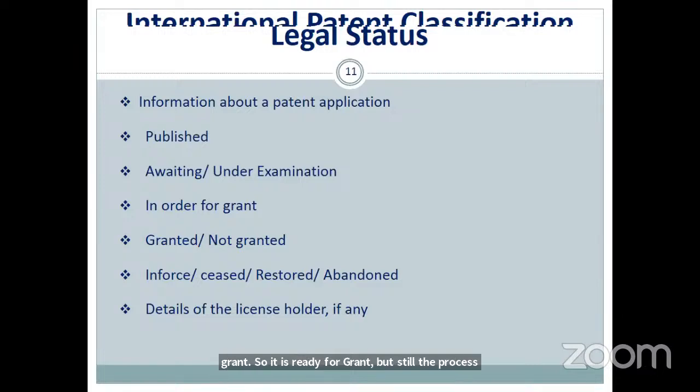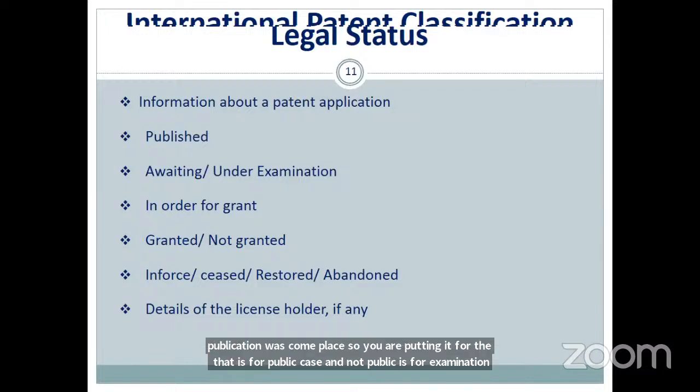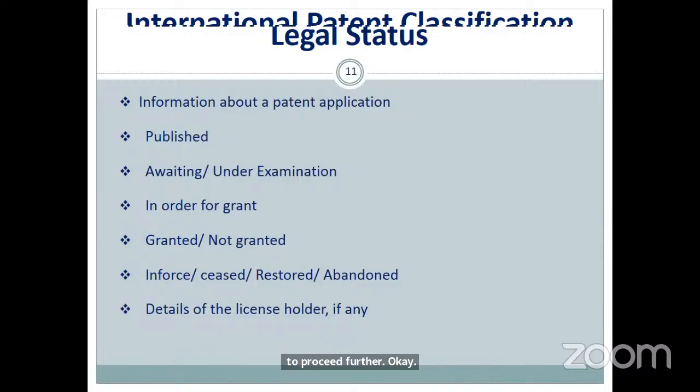In order for grant means you are putting your application, which was complete, forward for examination to proceed further. If they do the examination, then the status will change to under examination. If they don't, it will still be in order for grant only.